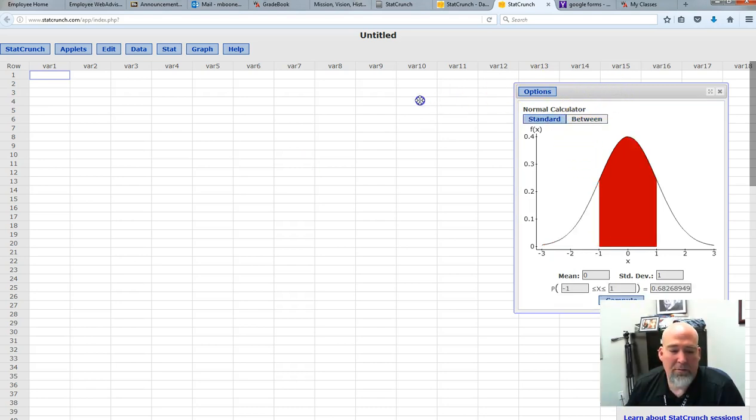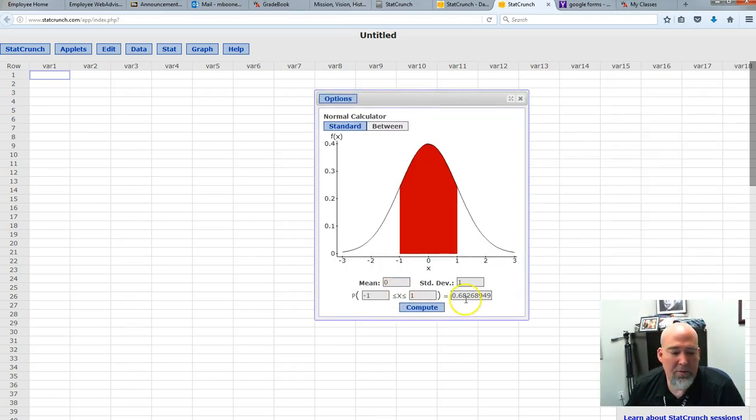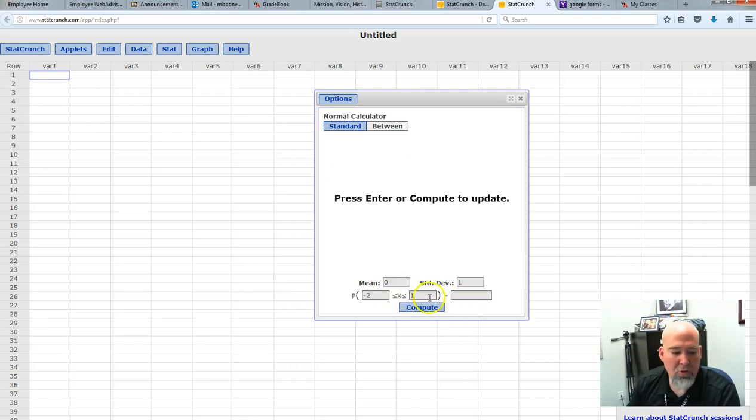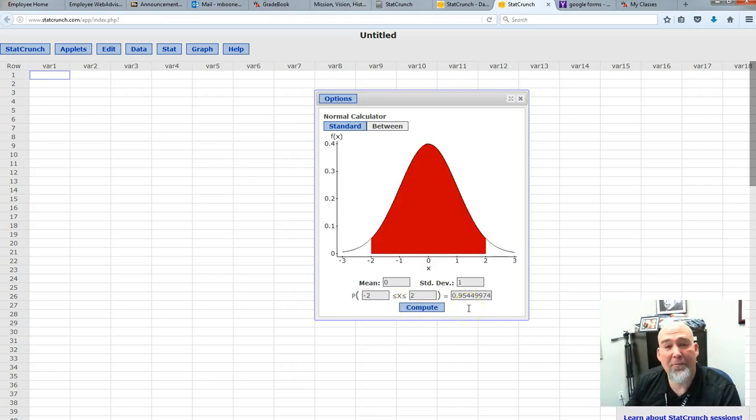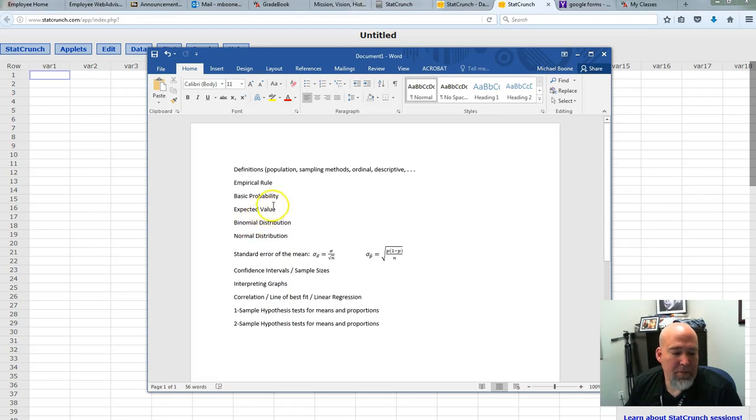We could verify that by looking at the normal calculator at 68%. If I went plus or minus 2 standard deviations, I'd be at 95%. So it's that general rule of 68, 95, 99.7%.